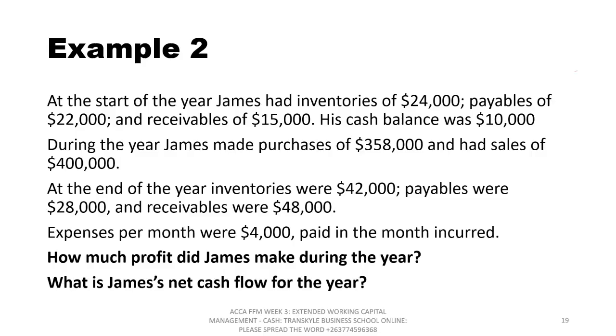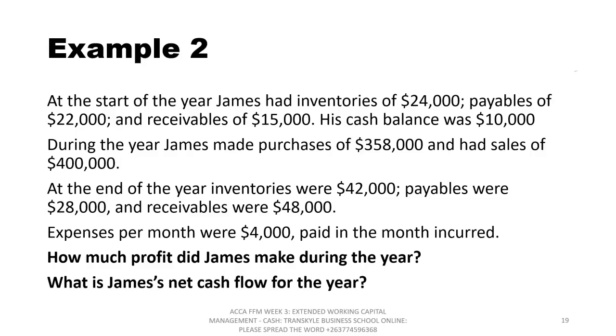Okay, so at the start of the year, James had inventories of $24,000, payables of $22,000, and receivables of $15,000. His cash balance was $10,000. During the year, James made purchases of $358,000 and had sales of $400,000.